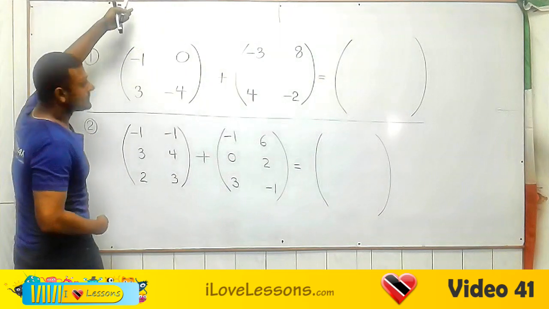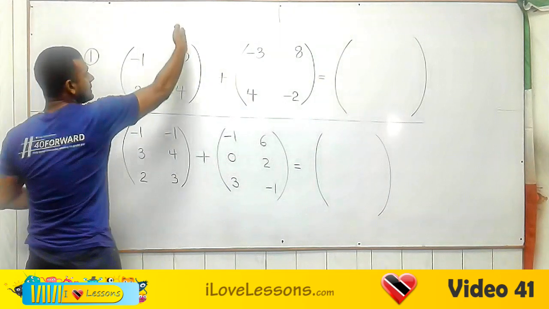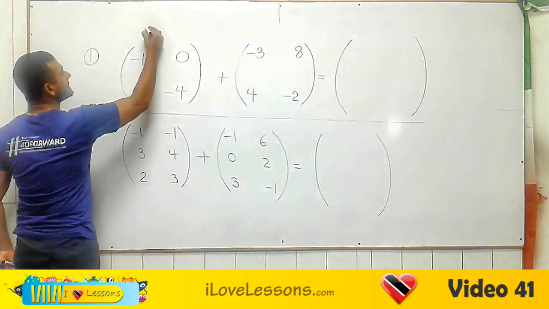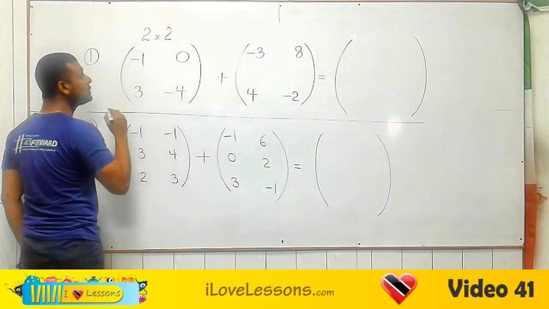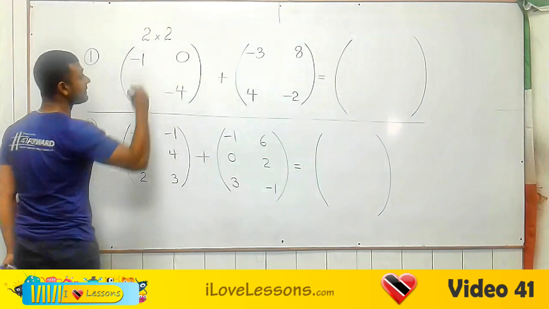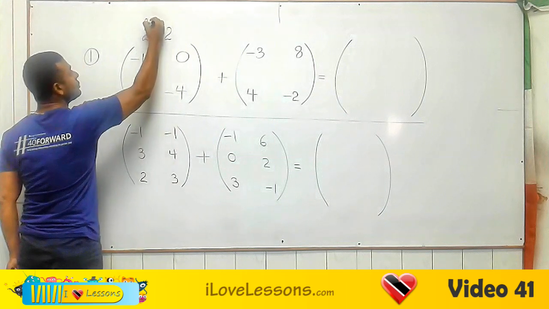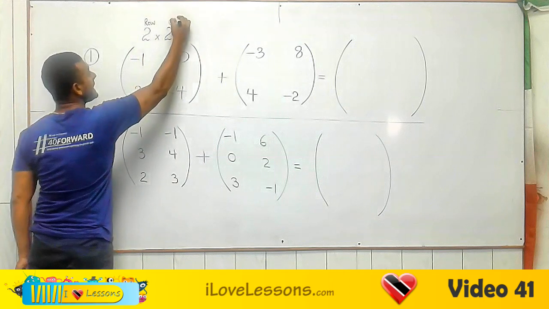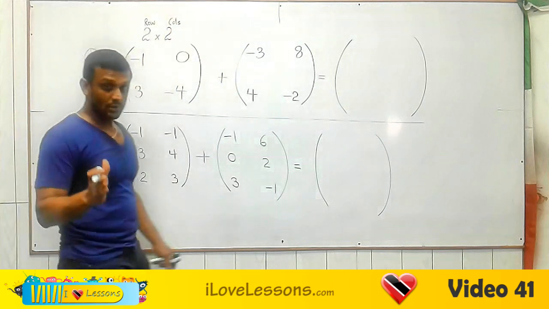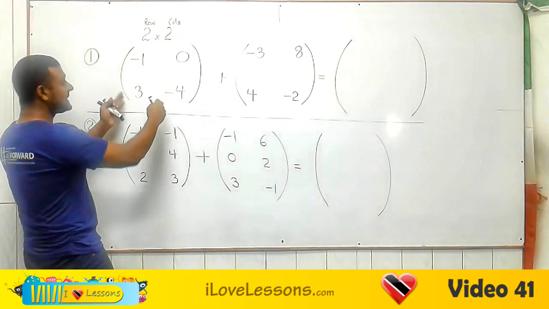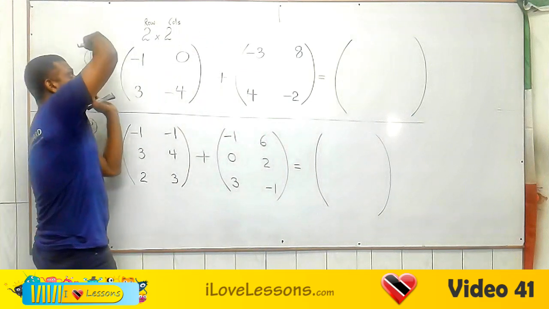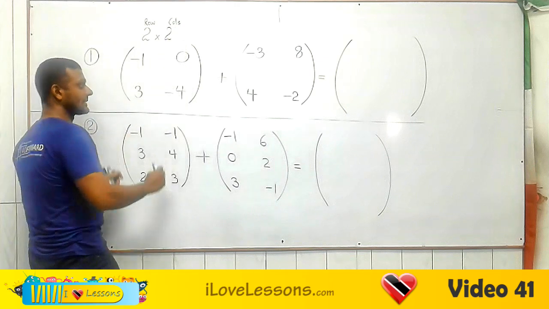How many columns do I have? 1, 2. The size of this matrix is called a 2 by 2 matrix. Now you have to be very careful. You must always put the rows first and then the columns. So the size of this matrix is a 2 by 2 matrix.